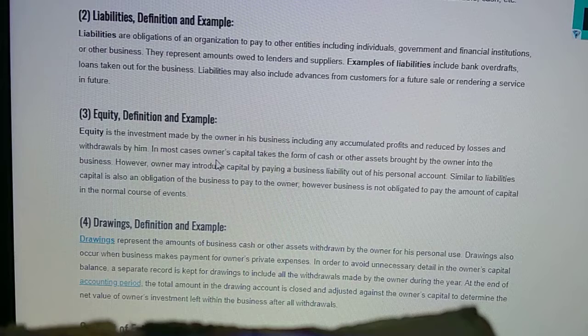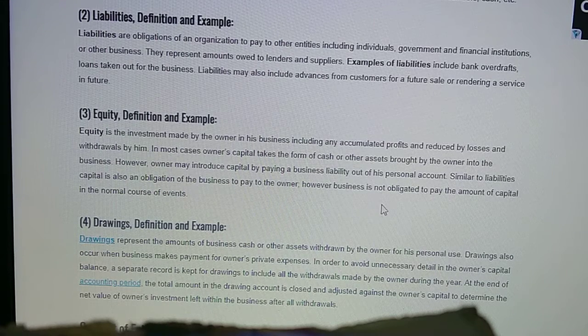In most cases, owner's capital takes the form of cash or other assets brought by the owner into the business. However, the owner may induce capital by paying a business liability out of his personal account. Similar to liabilities, capital is also an obligation of the business to pay the owner.